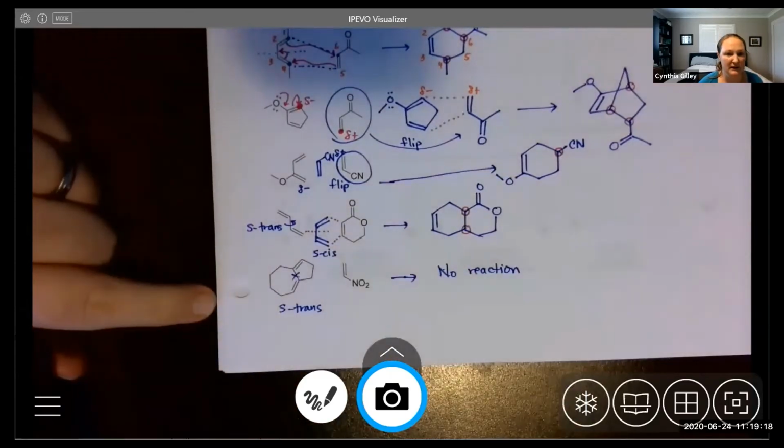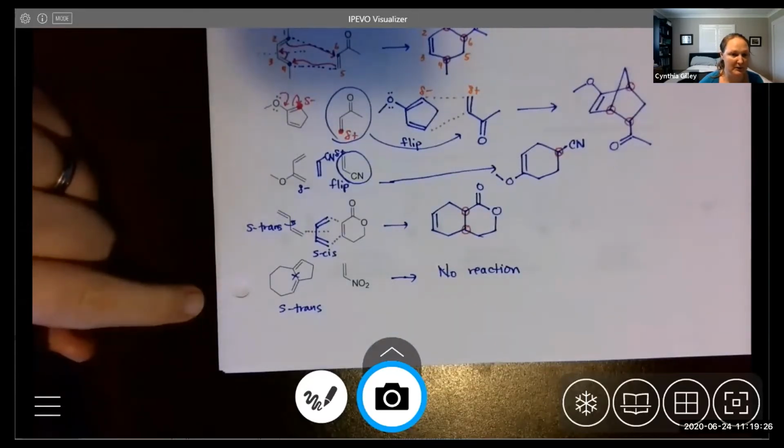Any questions on regiochemistry? So the idea is to find a potential internal plane of symmetry. If you don't see one, see where the delta negative, delta positive are that you need to find.